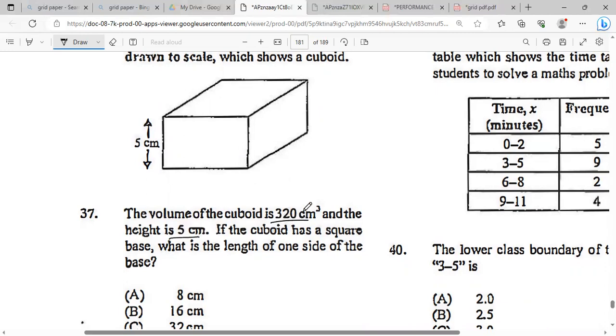So it's the area of the base times 5 that gives you the volume. All we have to do is divide this by 5 and it will give us the area of the square, right? Agree? Because the area of the square times the 5 gives us this. So we divide by 5 and then we get the number.